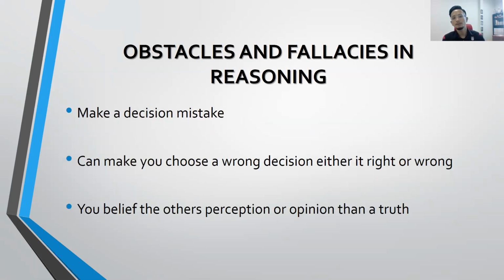As we already learned about moral reasoning, which is about someone's decision making, in this part, obstacles and fallacies, it is more toward a decision that becomes wrong. That is decision mistake. A decision mistake influenced by obstacles and fallacies in daily life can make you choose a wrong decision.